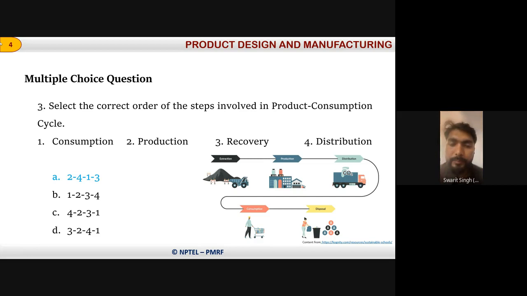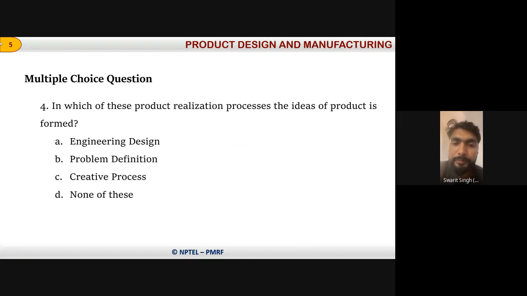Okay, so we'll move to the next question. Question number four is now on your screen. In which of these product realization processes is the idea of the product formed? We studied product realization processes in the course content of week one.